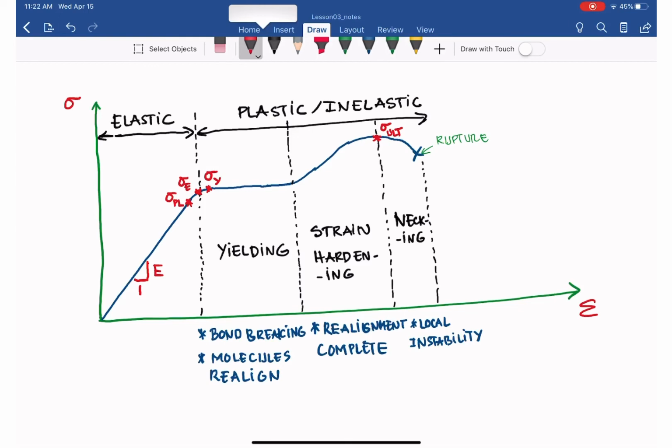Then the rupture, we don't need to define here, but in the book, they call that sigma B, breaking strength. B stands for breaking strength.